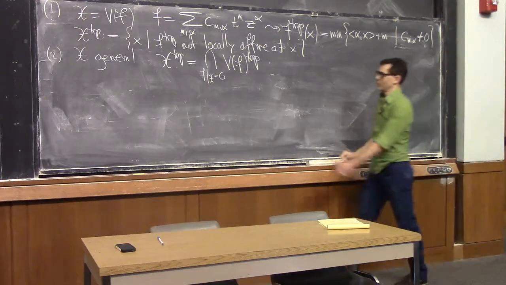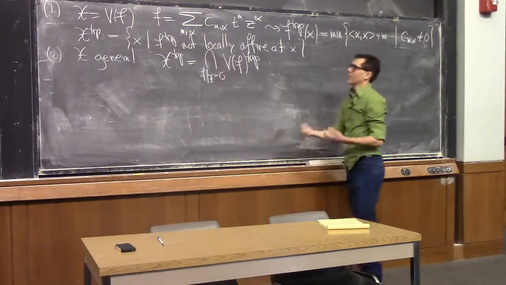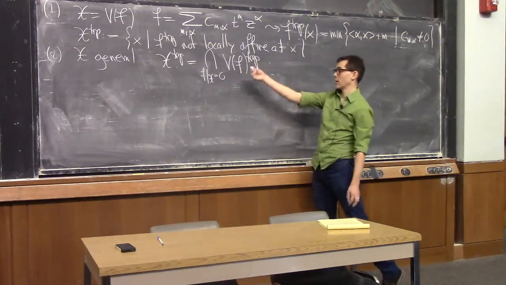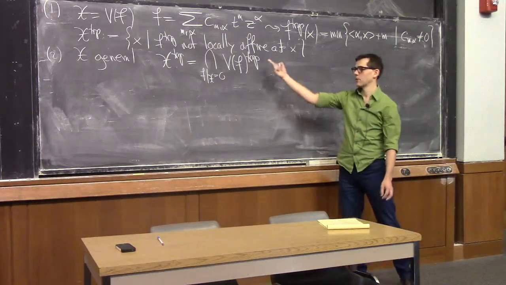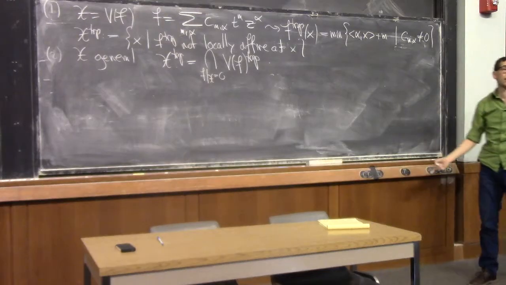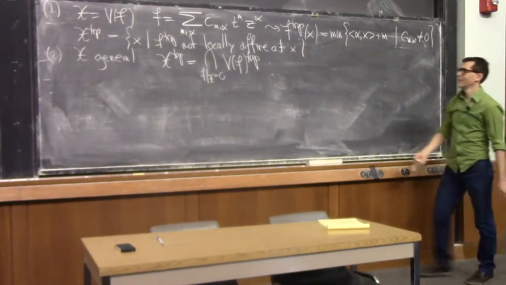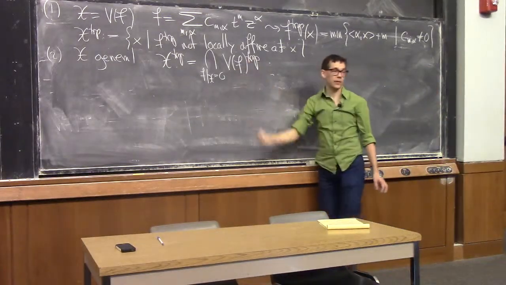I mean, it's even not true if I take a bunch of f1 through fm cutting out x. If I only use those, I might get the wrong thing and I might get something too small. It's actually not obvious that it's enough to do finitely many of these.